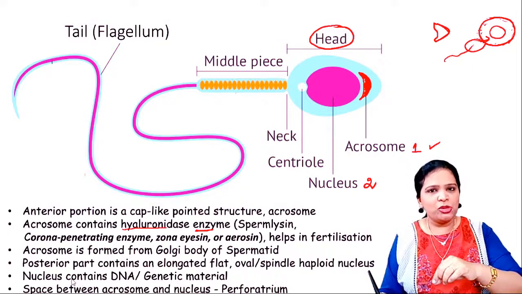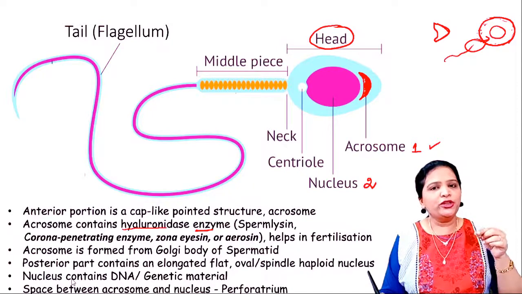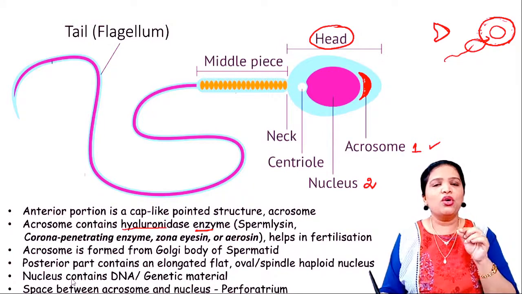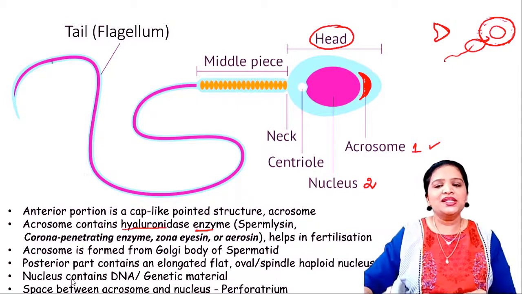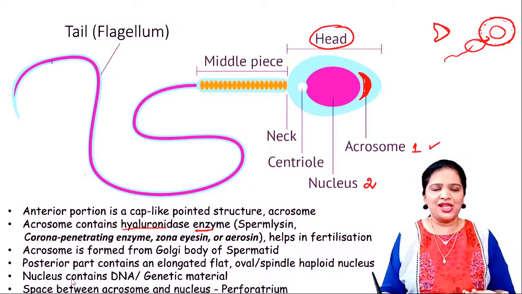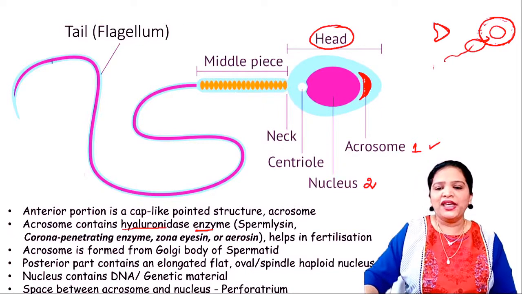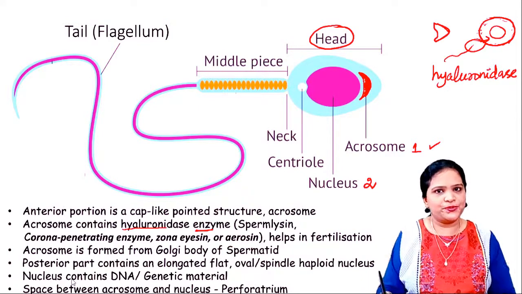Then only can it go inside and carry out fertilization. To penetrate the outer covering of the ovum, the sperm needs an enzyme. This outer covering is made of protein, so naturally they need a proteolytic enzyme. Hyaluronidase is the proteolytic enzyme present in this acrosome.